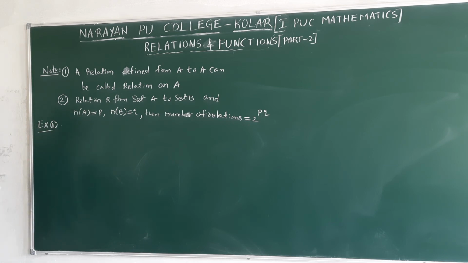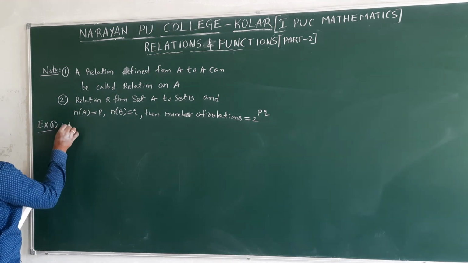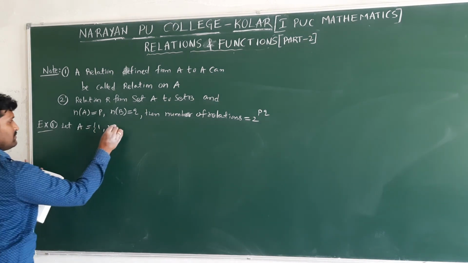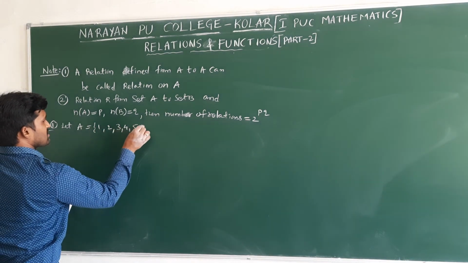Example 1: let capital A equal the set of 1, 2, 3, 4, 5, 6.